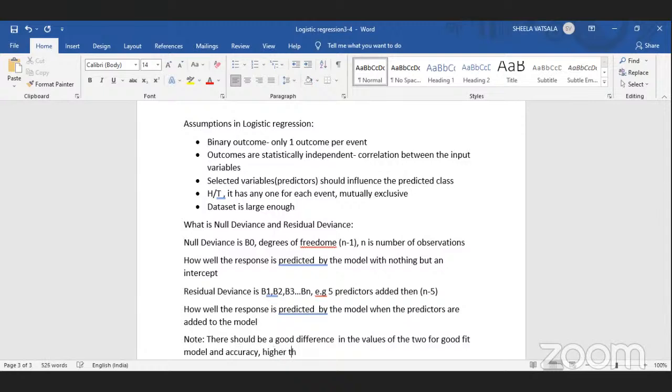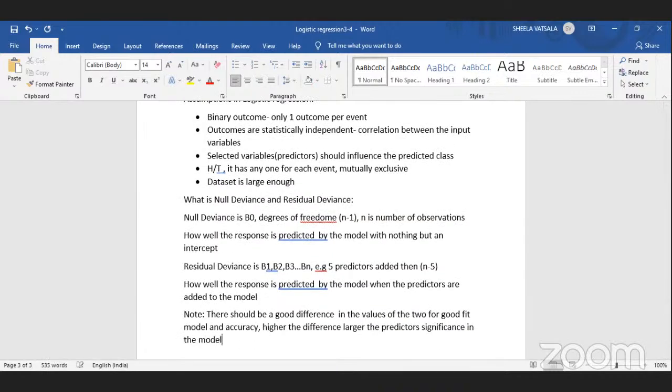Higher the difference, larger the predictor significance. Understood?